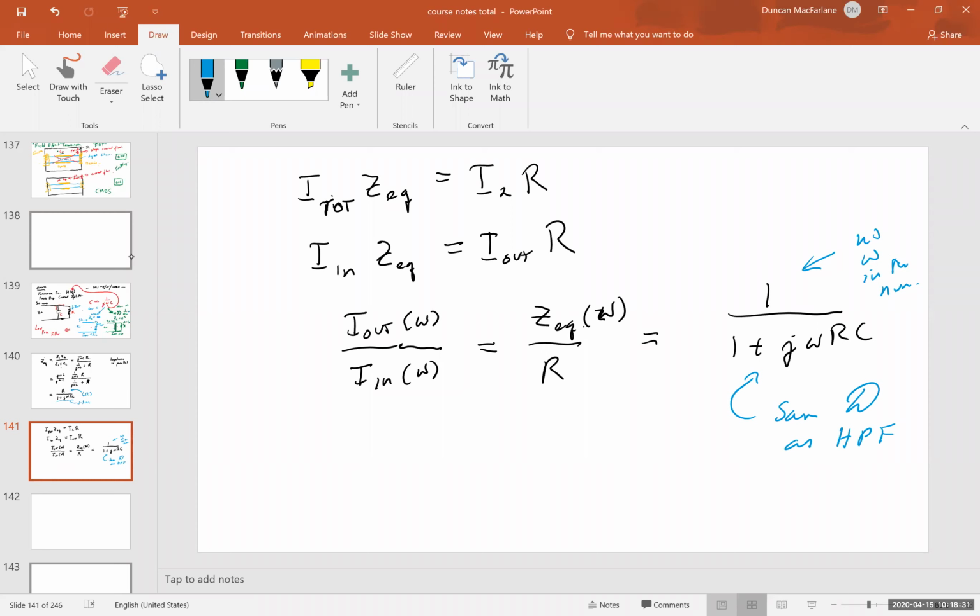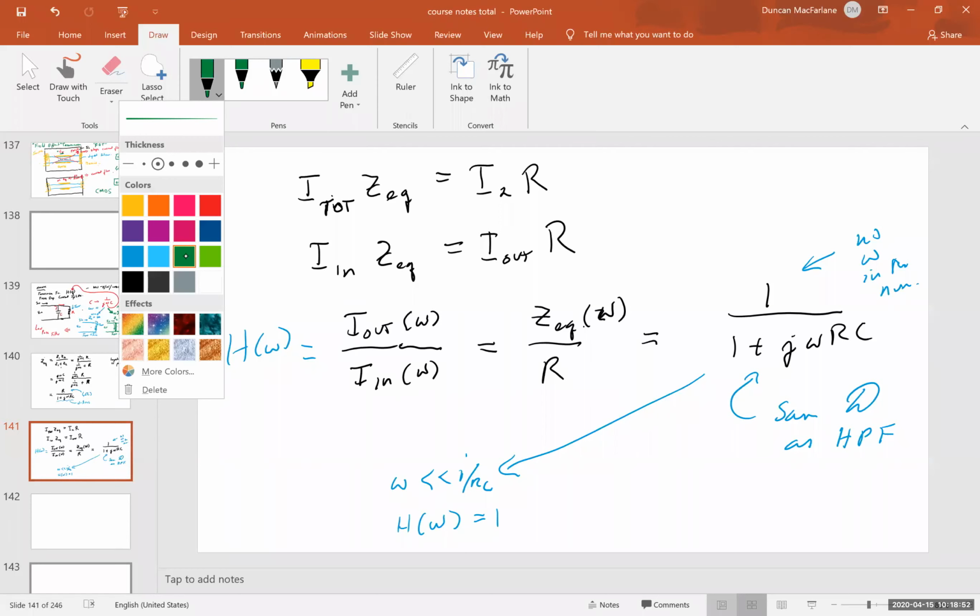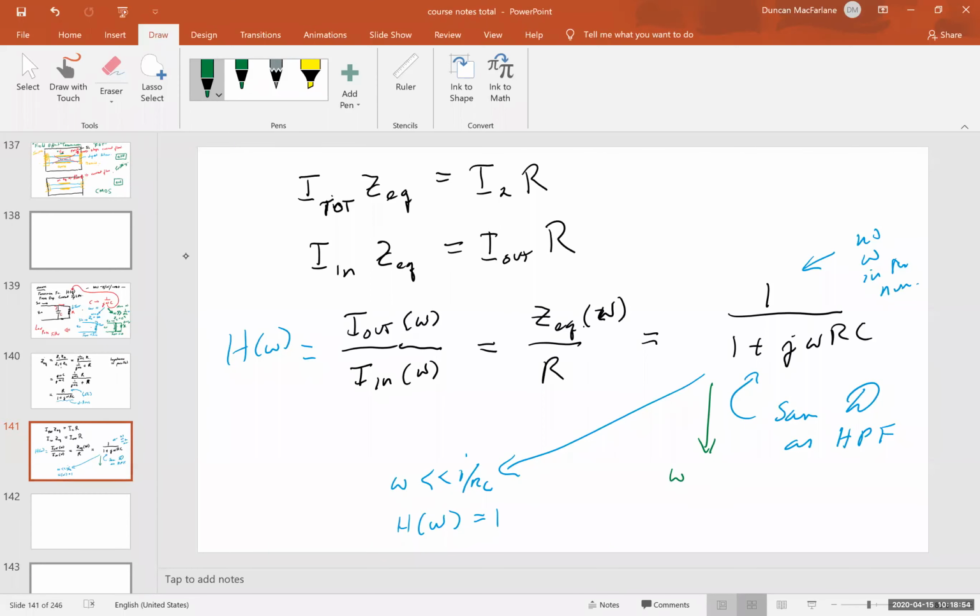And so now that I'm very clear on my two limits, at omega much less than 1 over RC, H of omega equals 1, and at omega much greater than 1 over RC, H of omega equals 0.